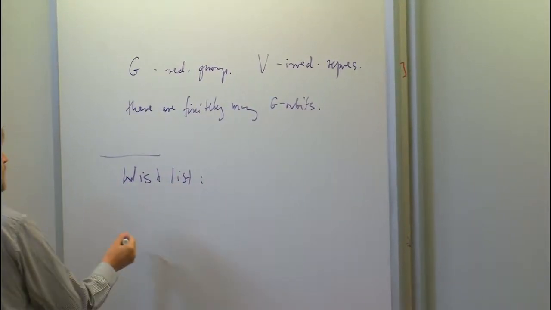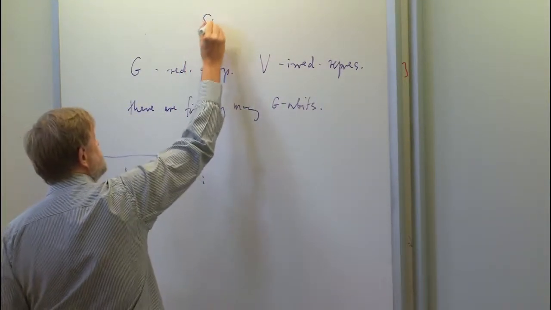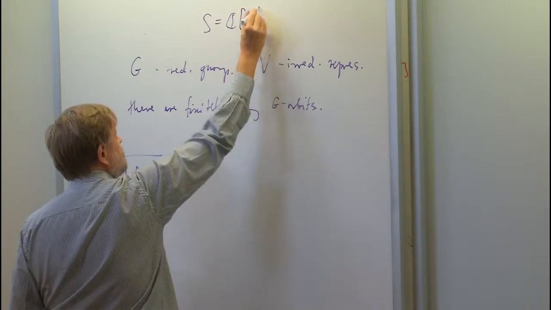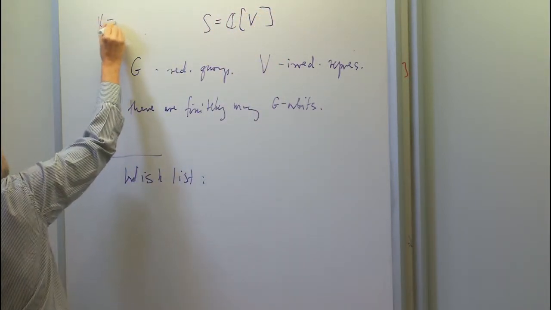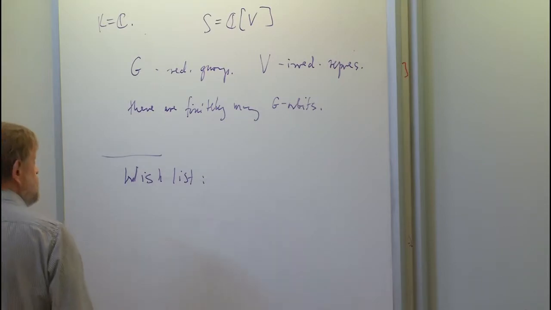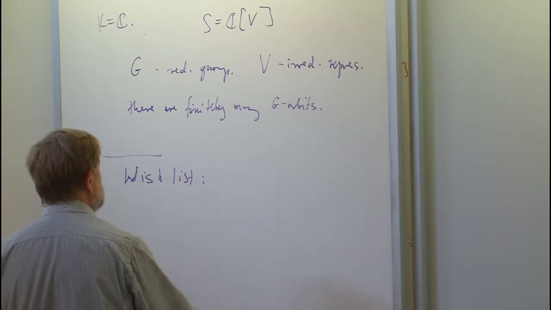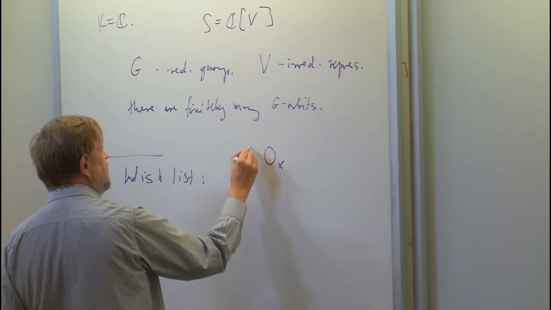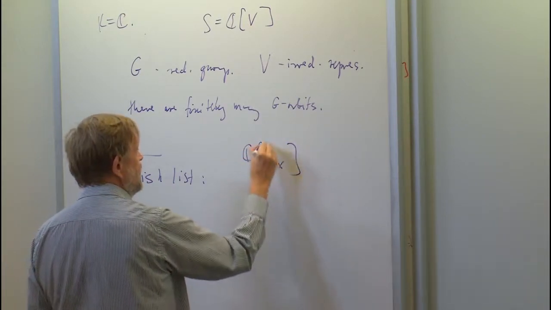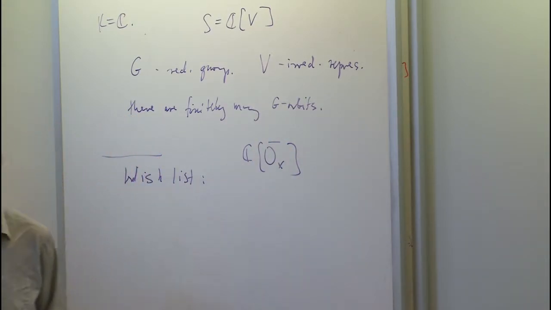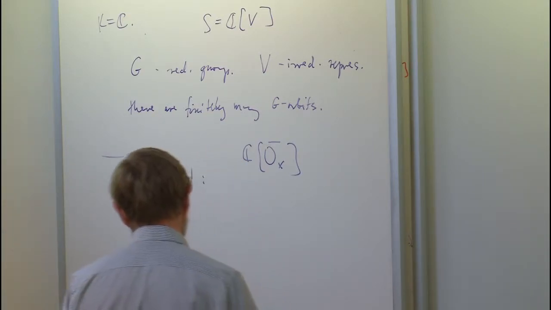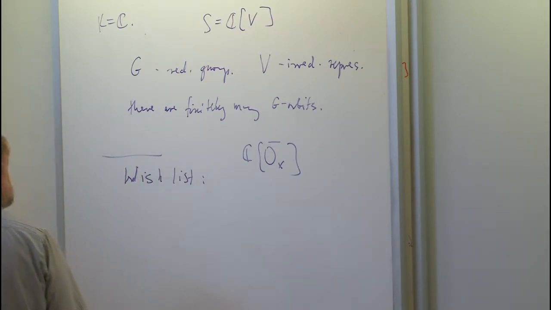Well, let's take S to be the coordinate ring C[V]. I'm working over K equals C. So of course you have orbits OX. It's better to talk about orbit closures because they are closed algebraic sets.